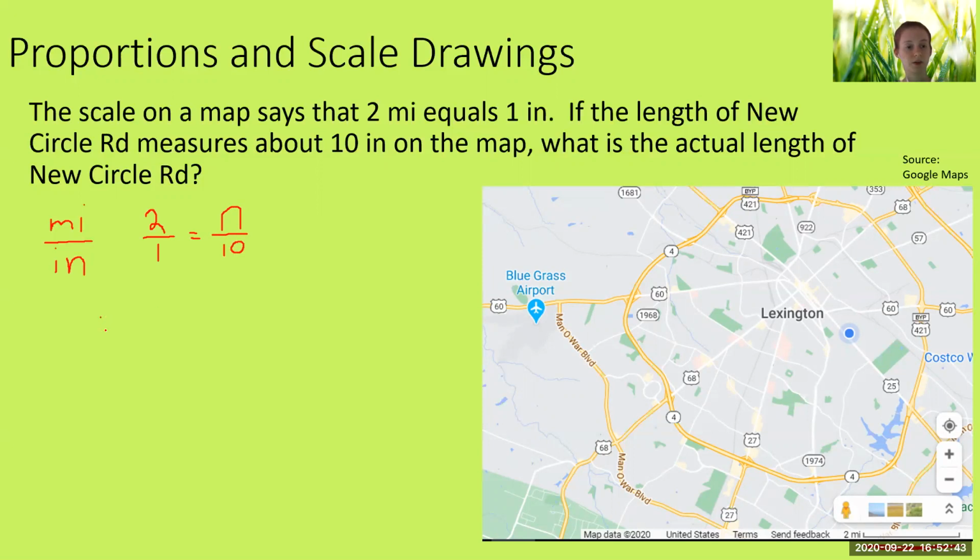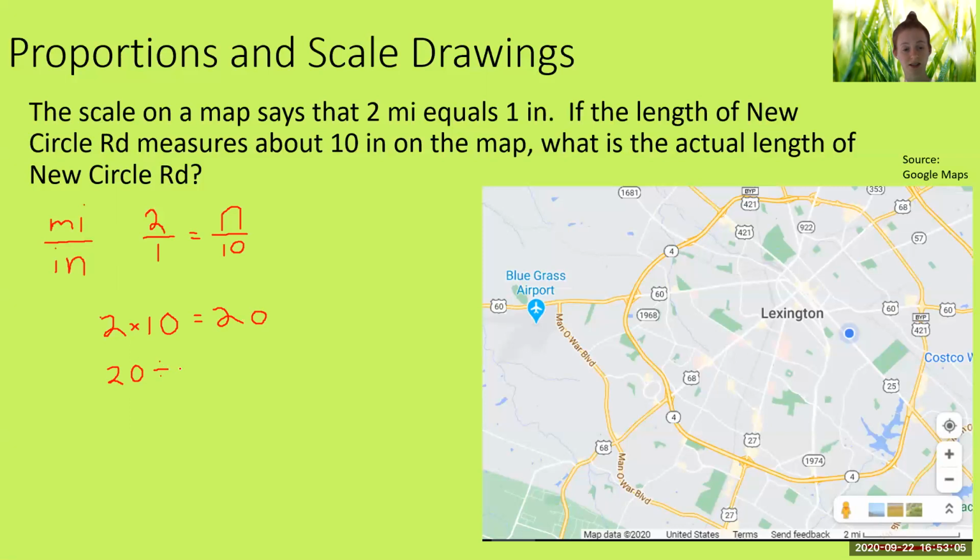We're first going to cross multiply. We're going to do 2 times 10, which gives us 20. And now usually we would say we need to divide, right? We would need to divide by 1, but we know dividing by 1 doesn't really change our answer at all.